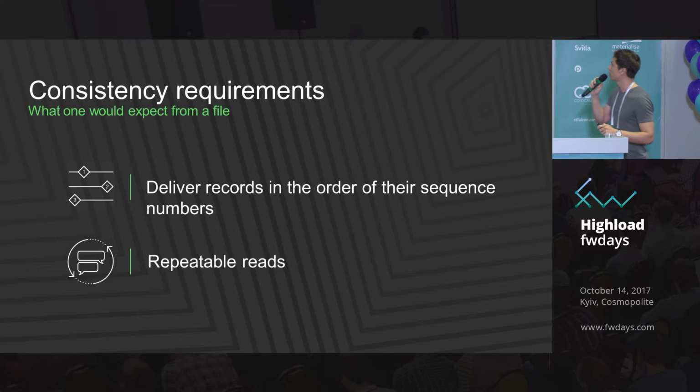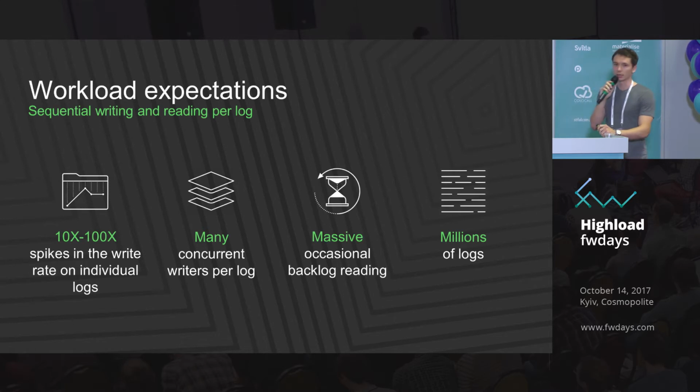So what are our workload expectations? First of all, it can be really spiky. Some particular logs can have a huge spike, 10x or 100x, and we have to be able to still maintain the system and store this data.